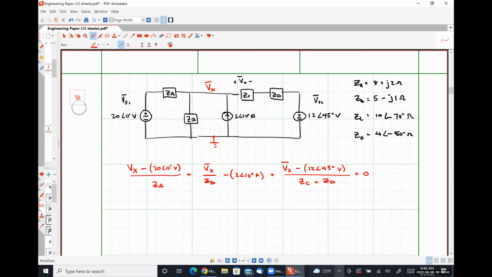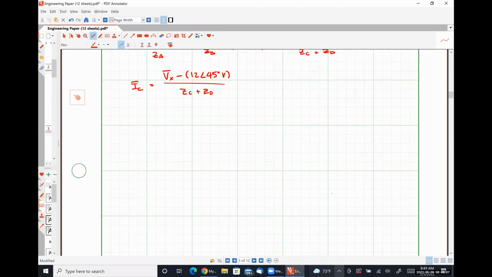After I solve for Vx, I could say that IC, the current flowing through impedance ZC, would simply be (Vx - 12∠45° volts)/(ZC + ZD), and therefore VC is simply IC times ZC.